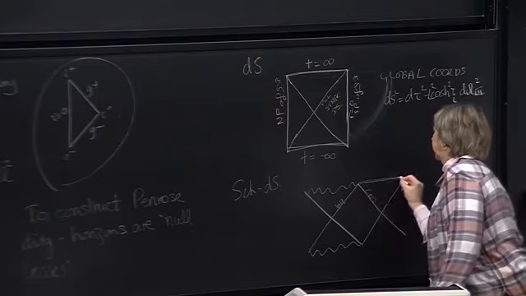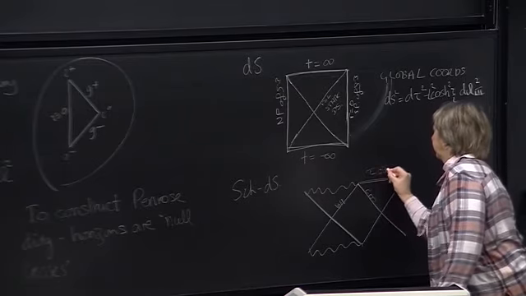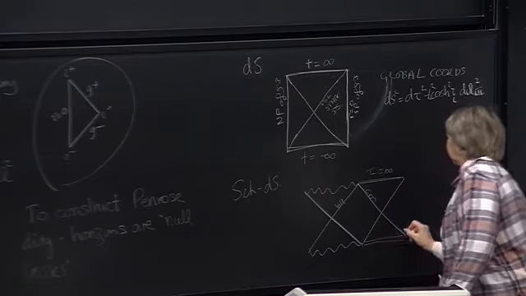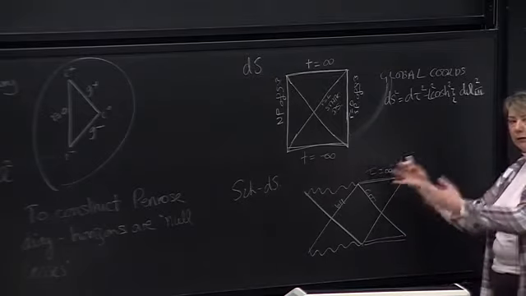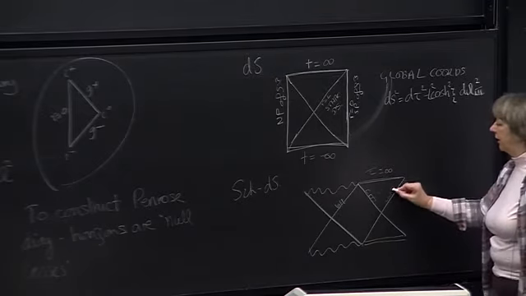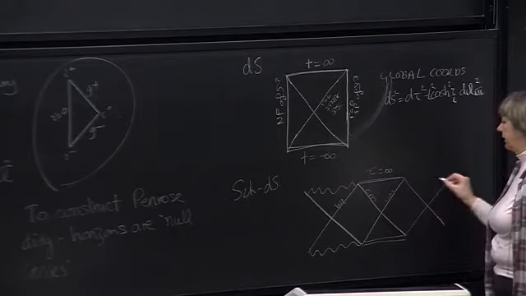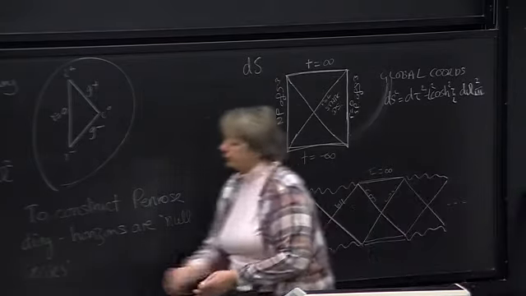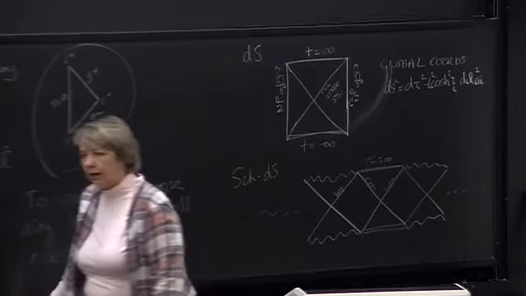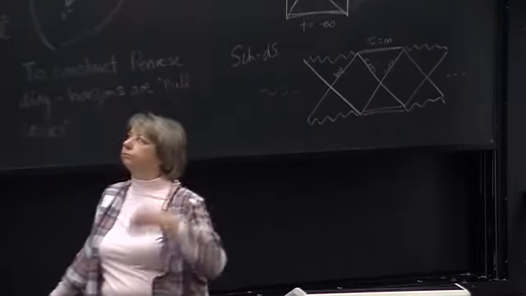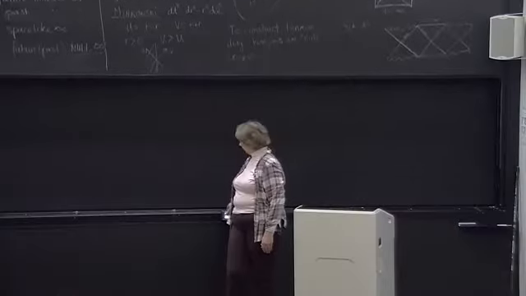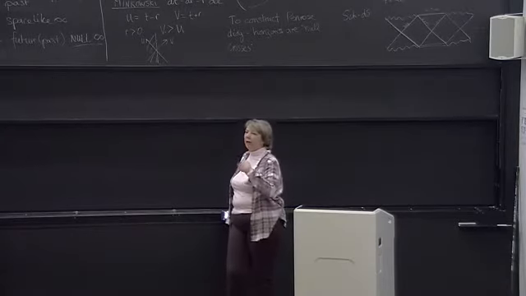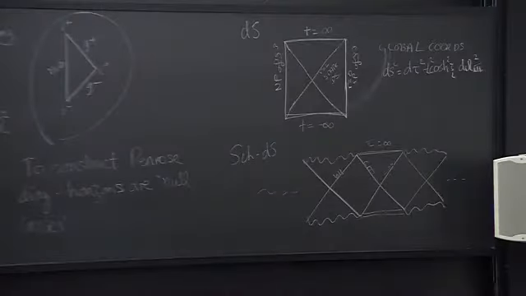Here's t equals infinity, cosmological time. But now, if I maximally analytically extend, I just end up with the same copy. And so when I construct Schwarzschild de Sitter, I can keep analytically extending an infinite number of times.